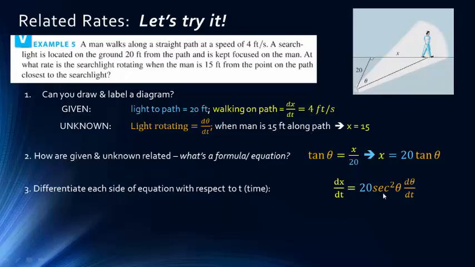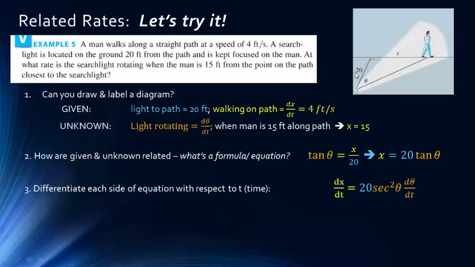20 is a constant. We're looking for the secant. Now remember that secant equals, what does secant equal? 1 over cosine. So this is equal to hypotenuse over adjacent. So remember that x is 15.